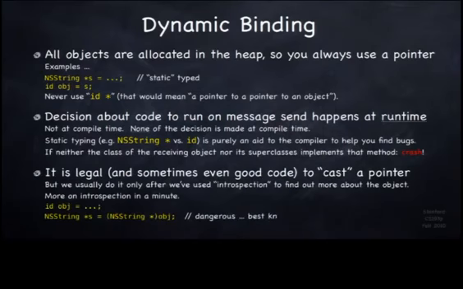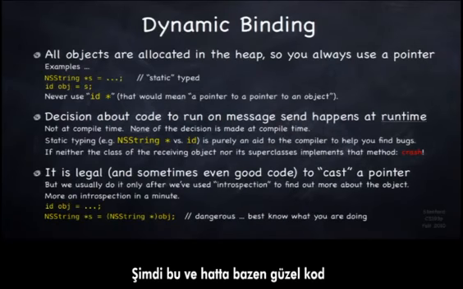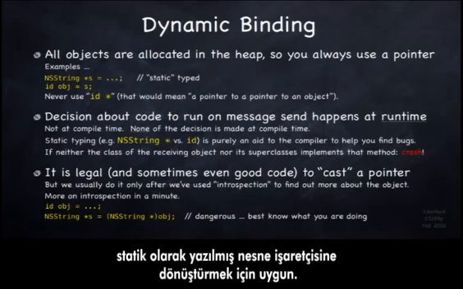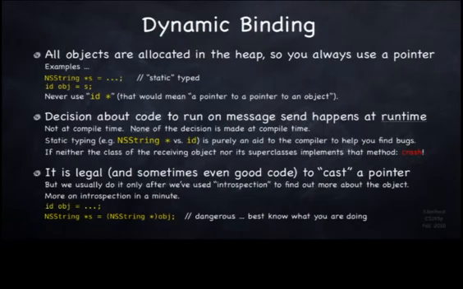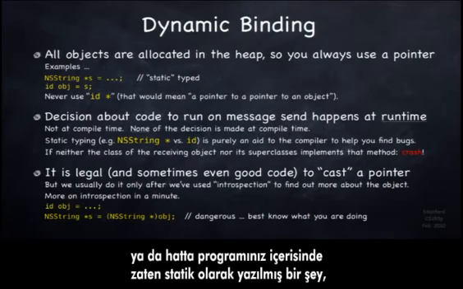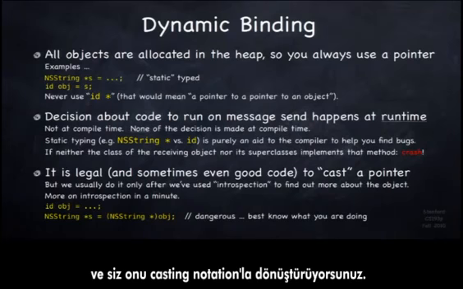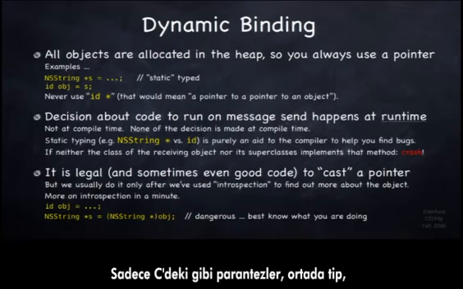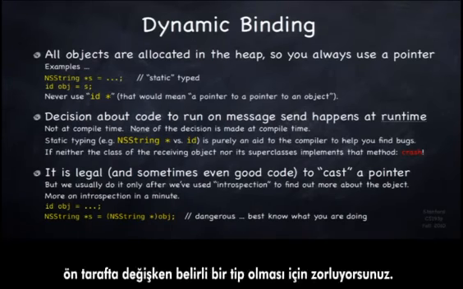Okay? Now, it is legal, and actually sometimes even good code, to cast an object pointer to be statically typed. So someone gives you an id, or maybe even an already statically typed thing in your program, and you cast it using casting notation, just like in C: parentheses, the type in the middle, in front of the variable.